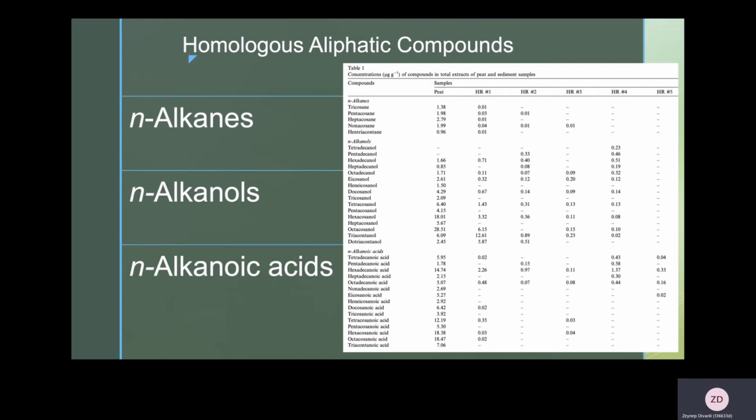They represent a family of organic compounds containing one or more hydroxyl groups bonded to an alkyl group. And alkanoic acids are alkane-derived compounds that contain a carboxyl functional group.